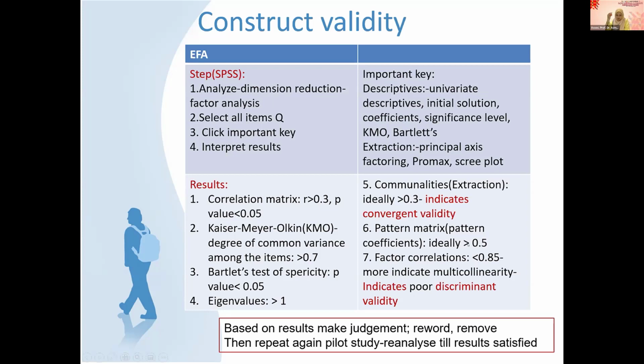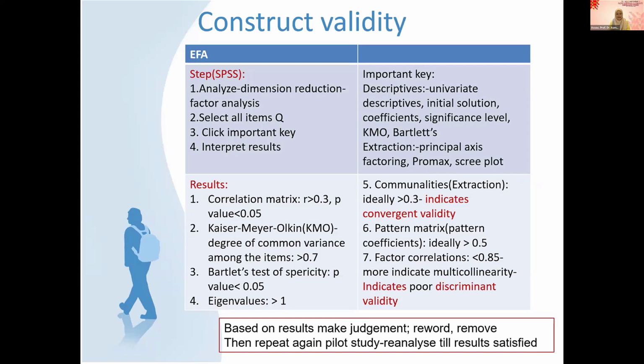And when you go further in your SPSS output, the communality should be more than 0.3, indicating convergent validity. And then the factor correlation is supposed to be less than 0.85, indicating discriminant validity. The correlation between knowledge and attitude being less than 0.85 means there's no multicollinearity.